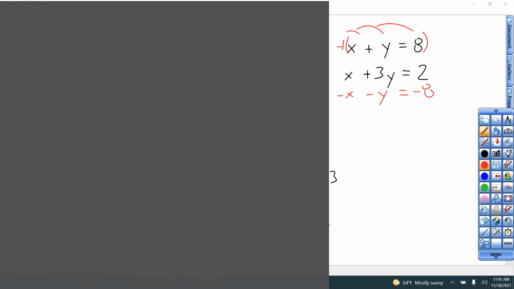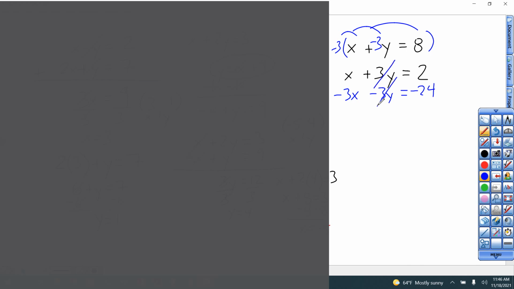You could also, though, if you wanted to, make it so the y's cancel. So I would have maybe -3y right here, which means I would have to times everything in that top row by -3. And then if I rewrote that as -3x minus 3y equals -24, don't forget to times all three, then that would have my y's cancel and solve for x.